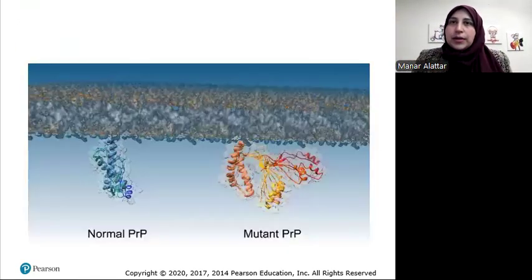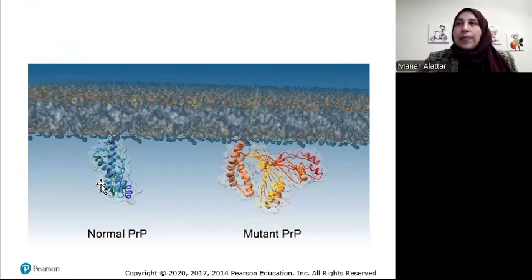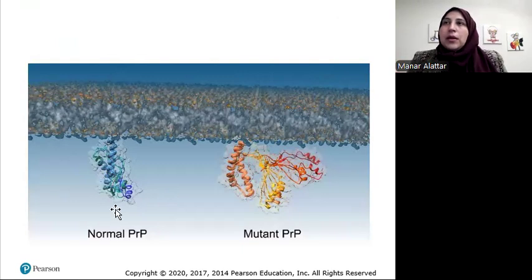Okay, so I'm going to show you an image of that. Here's a normal PRP protein. And that's a stable form, and that's the functional form, and that's what most of us have in the cells of our brain.